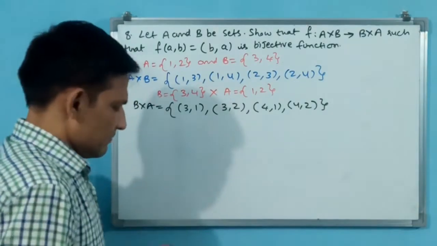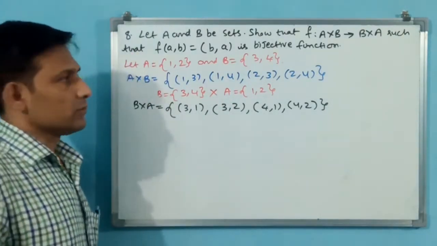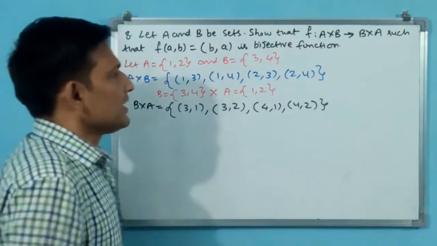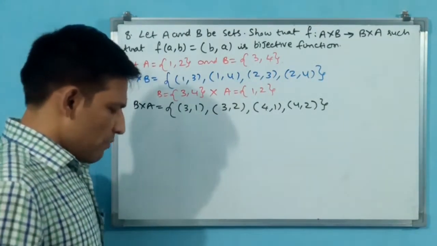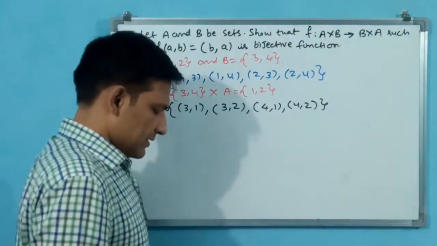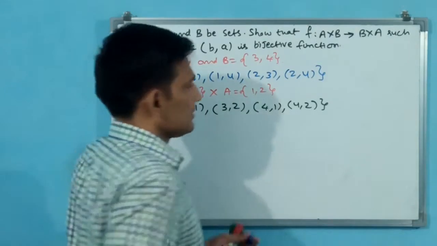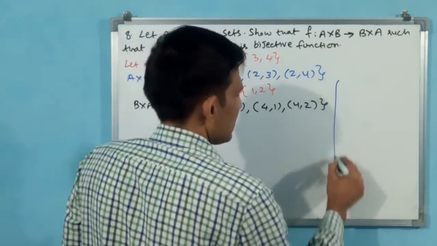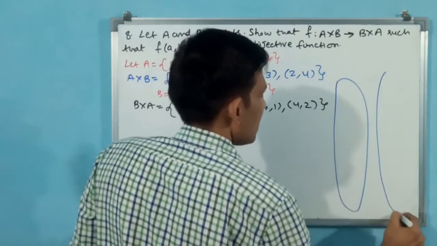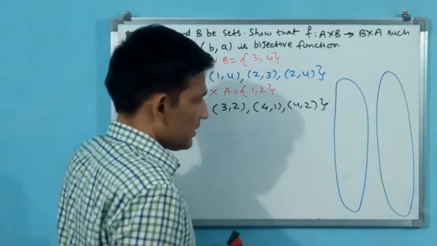Okay, now let us go for the function also. Why? Because this is a Cartesian product. The Cartesian products we have made ready. Now these are two sets we have made ready. Now we can write this arrow diagram with these figures. See, let us draw this one like this. Now the function is there.